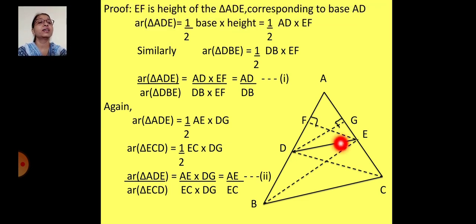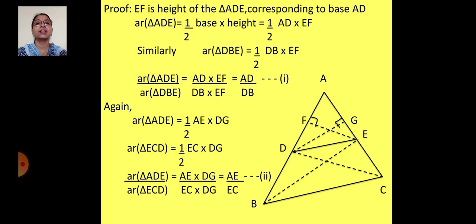Now from the diagram you see DBE and ECD, both the triangles, they have same base DE and they lie between two parallel lines. That means their base is same, their height is same. So naturally their area will be equal.